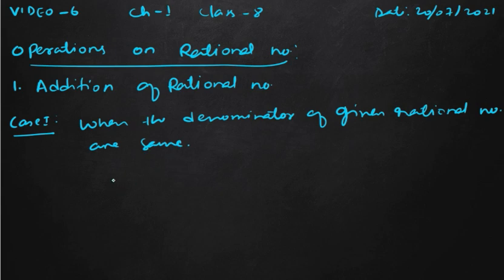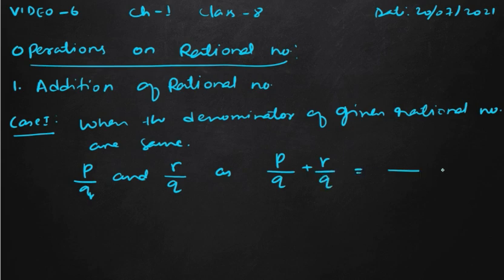Suppose we take two rational numbers, p by q and r by q. If the denominators are same, we add p by q plus r by q. You fix the denominator q because the denominators are same, and you just add the numerators, that is p plus r.